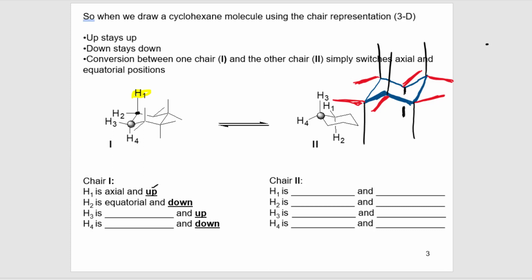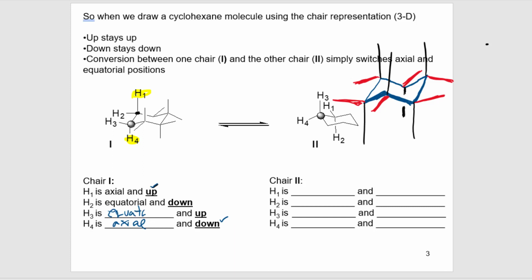Look at H4. H4 is definitely pointing down. H1 is definitely pointing up. So we can fill in the blank here. H4 is definitely down. H1 is definitely up. H4 is definitely axial. H1 is definitely axial. H2 and H3, therefore, are equatorial.